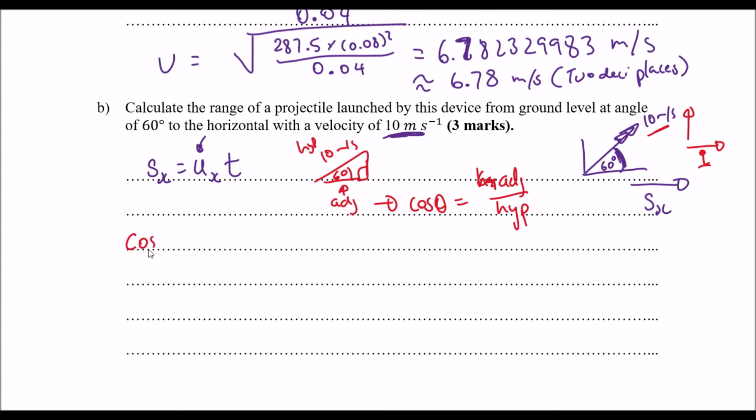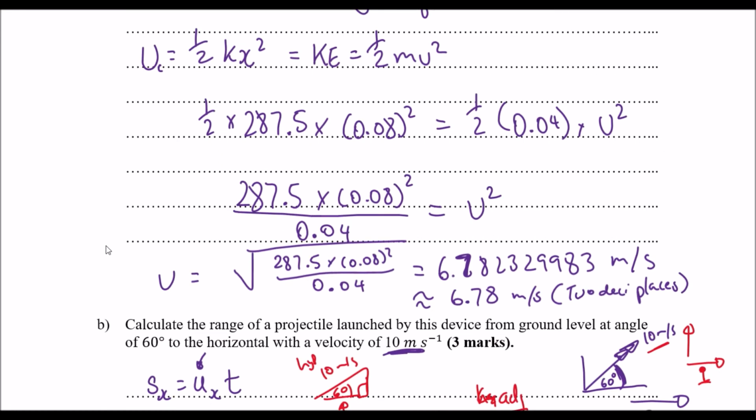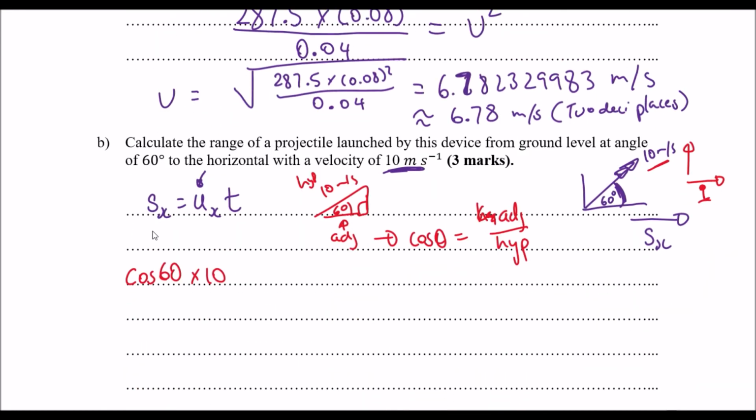Okay, so it's cos 60 times 10, and that will equal our Ux. So putting it in my calculator, that is 5 meters per second in the horizontal launch direction there.